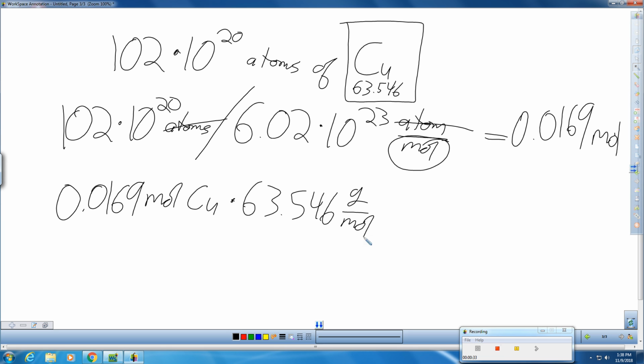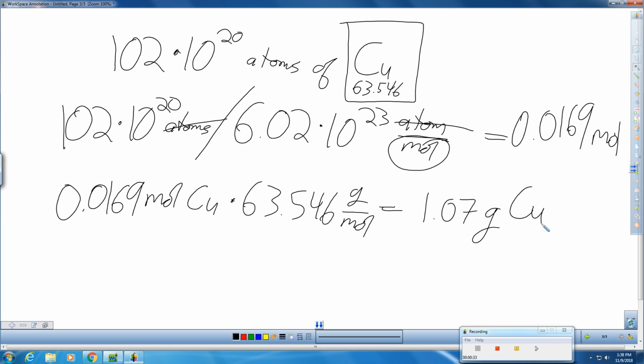And what would that be? 1.07-ish grams of copper. So that is how we convert from a number of atoms of things to grams.